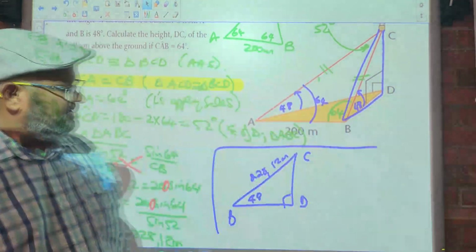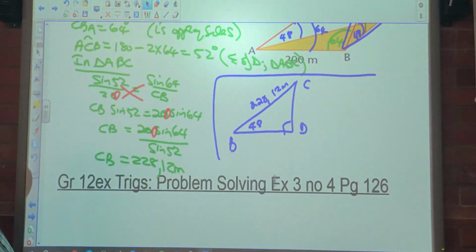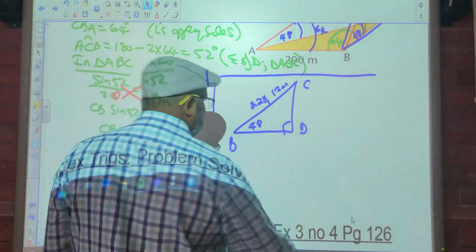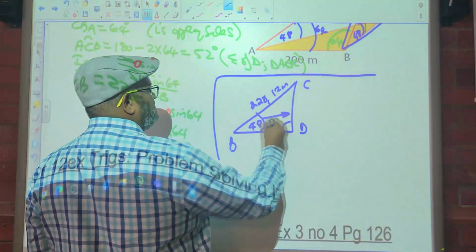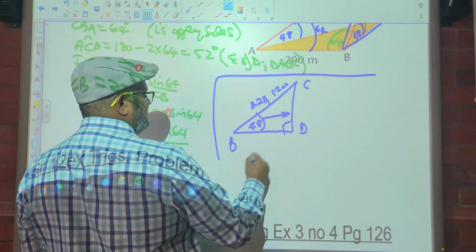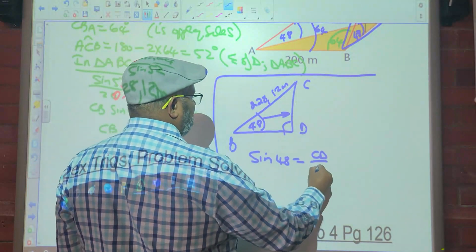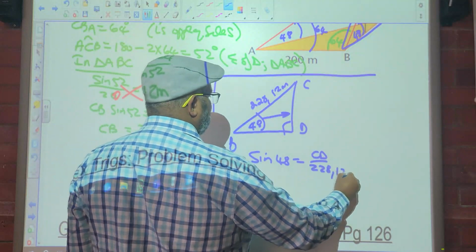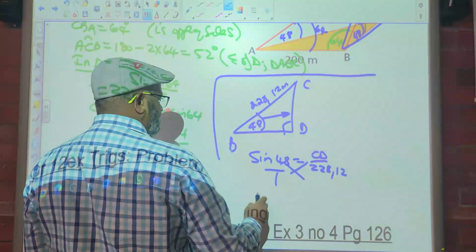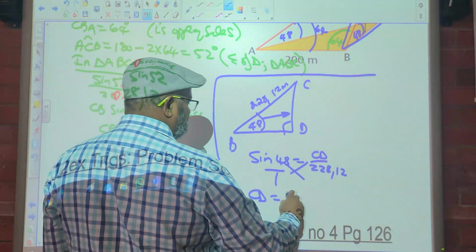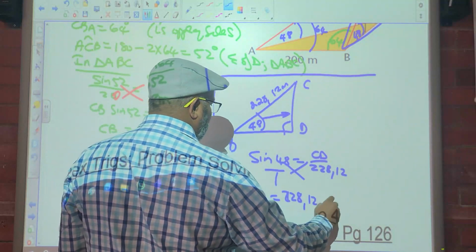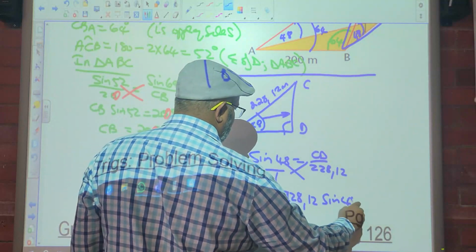Do we have enough information to do that calculation? Yes. So what are we saying? Which trigonometric function is opposite over hypotenuse? Sine. So sine 48 is equal to CD over 228,12. Cross multiply, so CD is 228,12 sine of 48.